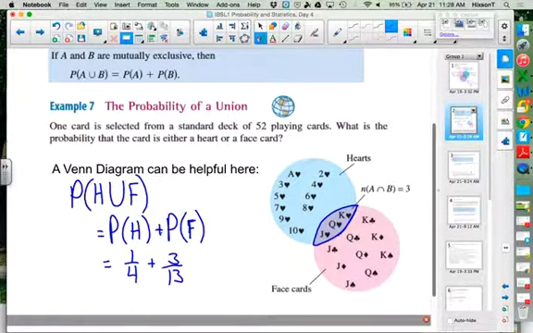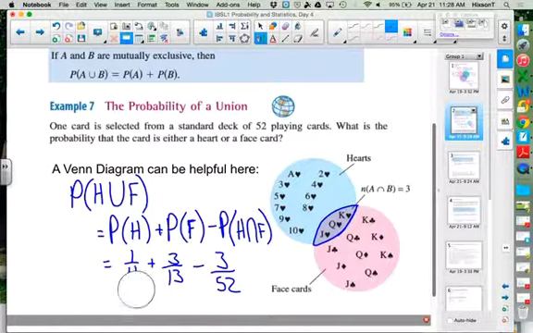But then I need to subtract the intersection. What's the probability that I have a heart and a face card? 3 out of 52. Now, you'll notice I have fractions that don't have a common denominator. While we recognize that those reduce, it may have been good not to reduce until the end.